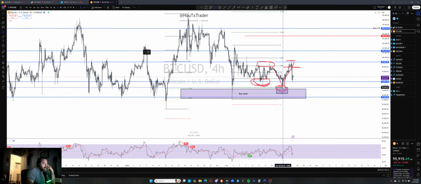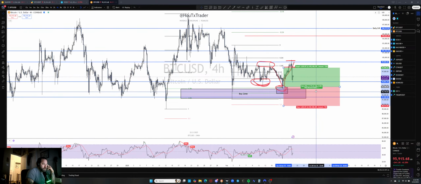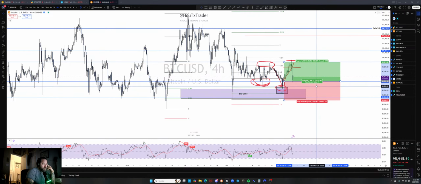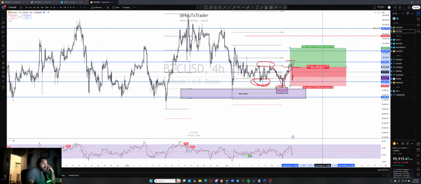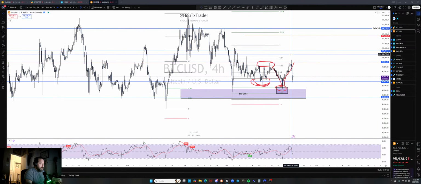So basically, we got in right about there, broke even, ran it up, and then trailed the stop loss right to there, basically 50% of the range. I was going to leave it open to see if it'd pop off. It did not. It came right back down.